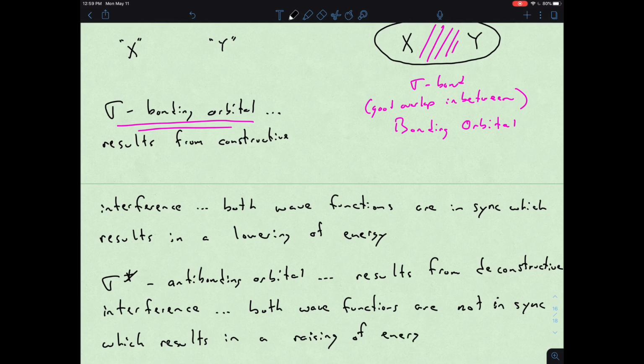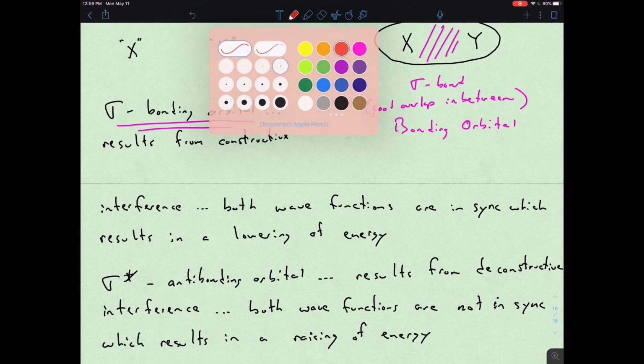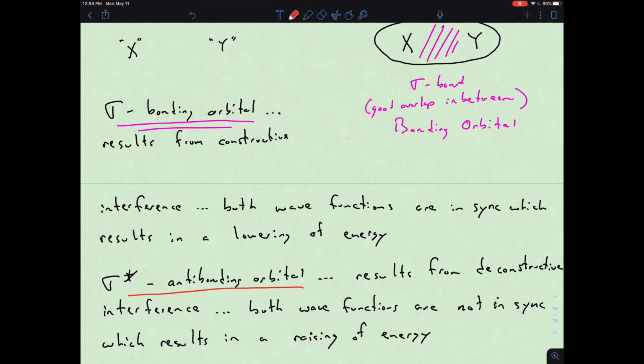So when we put these two wave functions together, it's just like waves at the ocean. Sometimes the waves in the ocean come in sets, a bunch coming in at the same time, and they all are in the same type of phase. They're synced with one another, and that's like your bonding orbital. And then if you've been on the water when it's really choppy and there's waves all over the place, well, that's really destructive, or that's the anti-bonding idea.